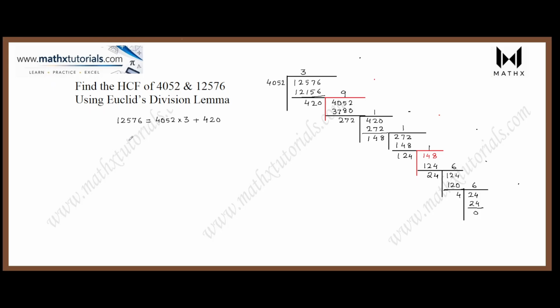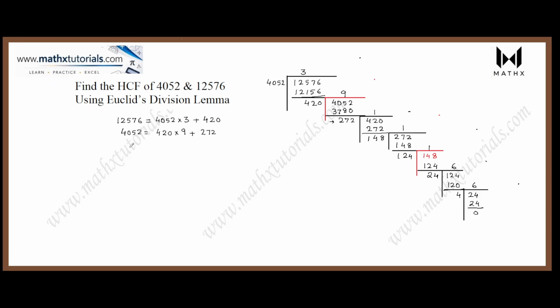Now we will take up the first divisor, 4052, which can be written as 420 times 9 plus the remainder, which was 272.